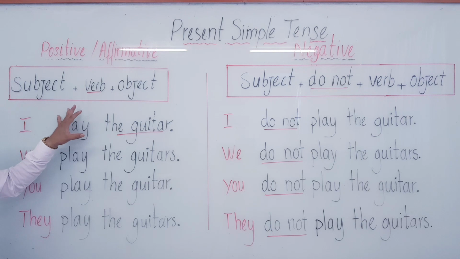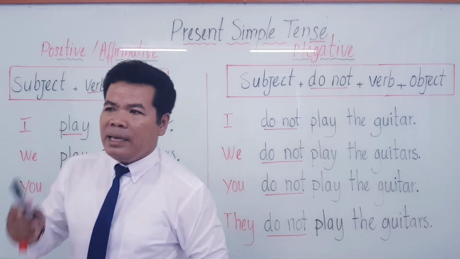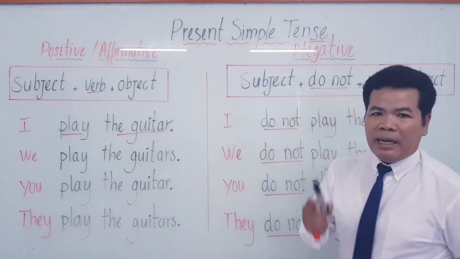So now, you can make other sentences by yourself by following the rule of the positive or affirmative sentence. You can practice by yourself at home, wherever you are, whenever you are. Not only following my example, you can make this kind of sentence by changing the object. For example, I eat chicken every day.